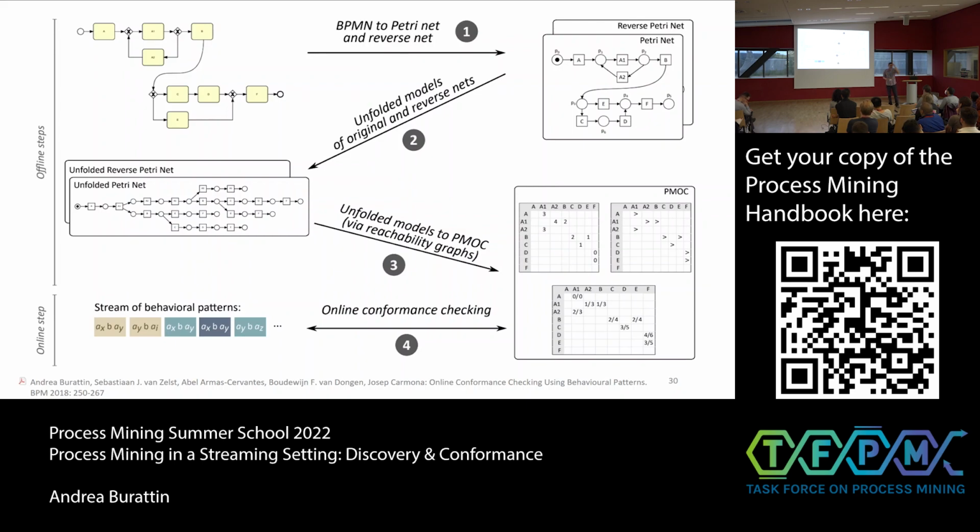To answer the evaluation question in this context, one way we used to evaluate this was to check the correlation of the conformance between this technique and the offline alignments. And though you see correlations, those are not super strong because of the approximation that we needed to introduce in the construction of this data structure.